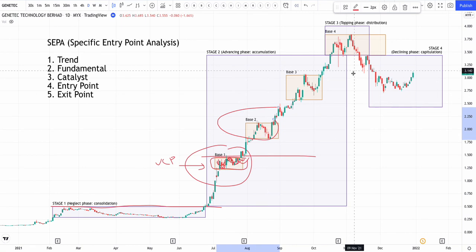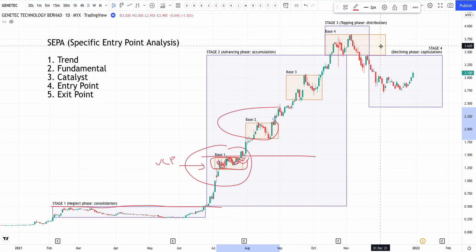When we see base 4, base 5, base 6, these bases have a high probability of reversal, a high probability of forming a stage 3 topping phase or distribution phase. We need to be more careful, and from there we can use our technical parameters to set an exit point.